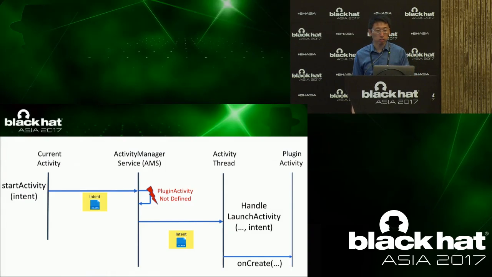This is because the plugin activity is not defined in the host app's manifest file. Remember that the Android system is only aware of the host app. So for each activity to launch or to use it, we have to define it in the manifest file. But clearly, the system will fail to find the definition in the host app's manifest file.